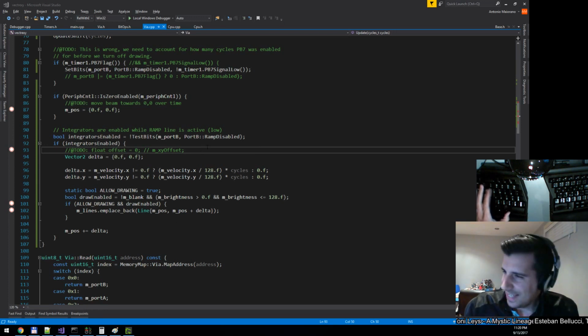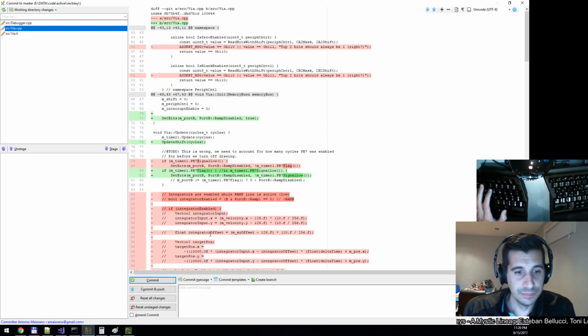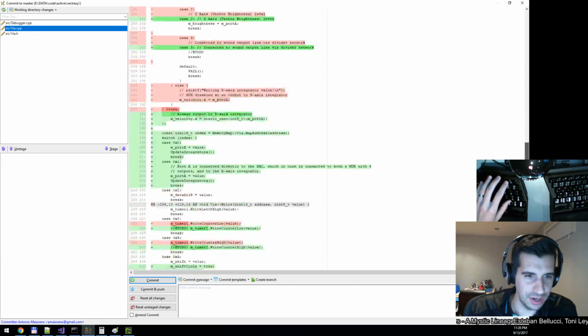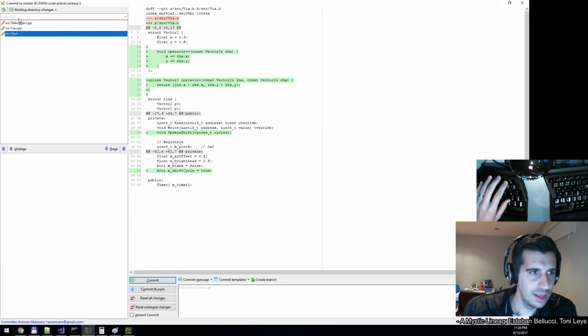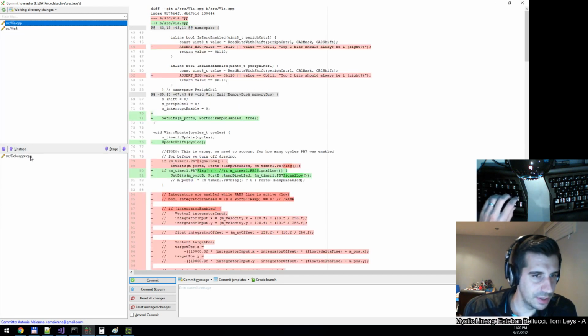So let's see what my changes look like. I think there's been quite a few changes in here. There's also this thing in my debugger, so let's check this one in first.